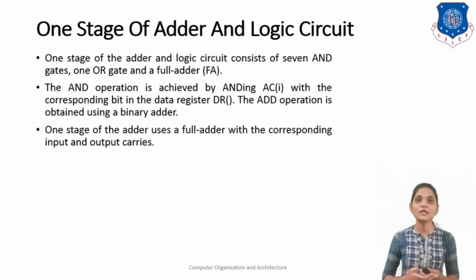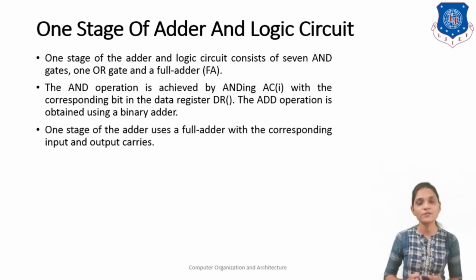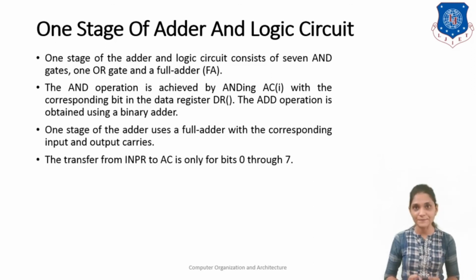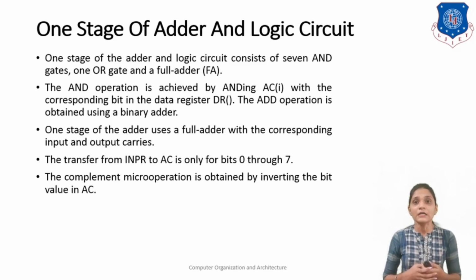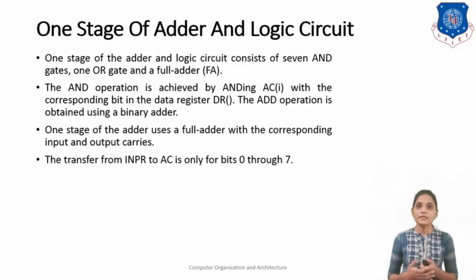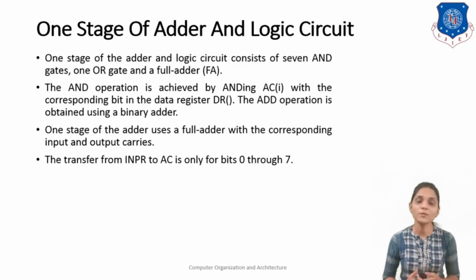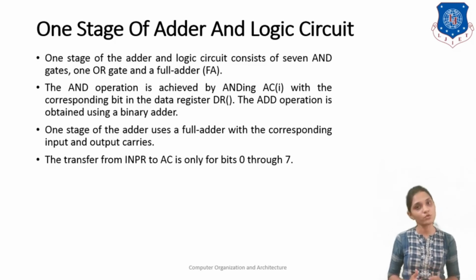One stage of the adder uses a full adder with the corresponding input and output carries. The transfer from the INPR to the accumulator is only for bits 0 to 7.